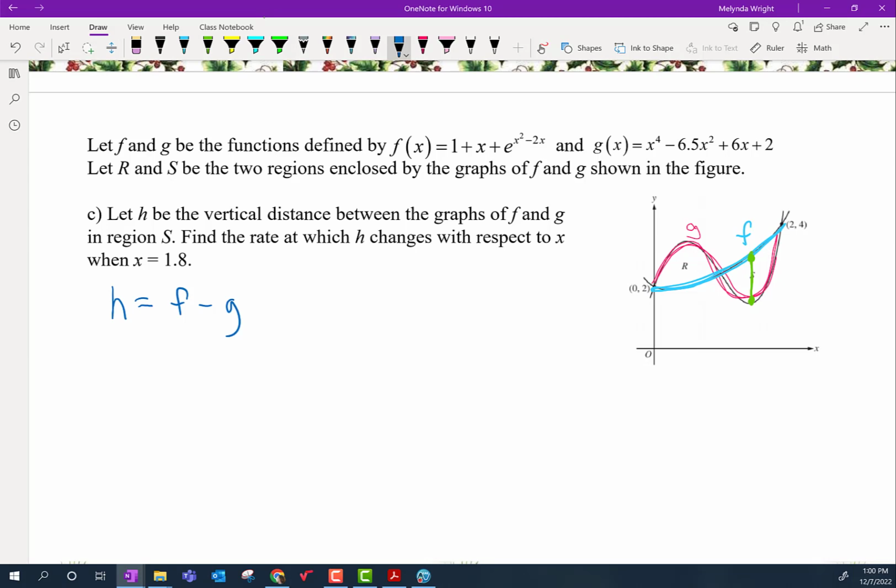Okay. Find the rate at which h changes with respect to x. So I'm going to pause here. So dh/dx equals question mark when x equals 1.8.